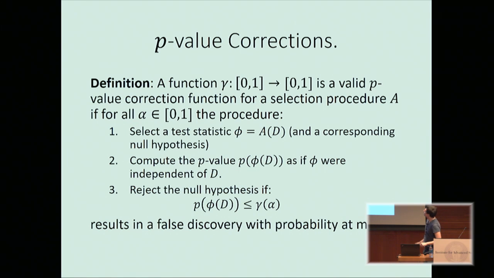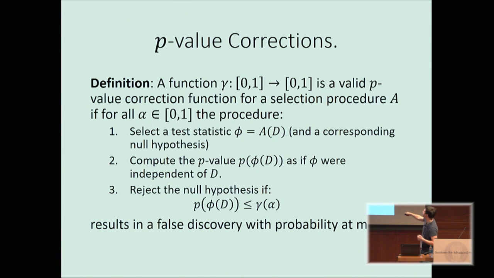Okay. So I can define a valid p-value correction function for any selection procedure A. A correction function is valid if for any level of statistical significance alpha that I like, the following procedure, which first computes the test statistic of interest and the corresponding null hypothesis, or selects the test statistic as a function of the data by running A on the data set and a corresponding null hypothesis, and then computes the p-value that results from that test statistic, ignoring the dependence between the hypothesis and the data.